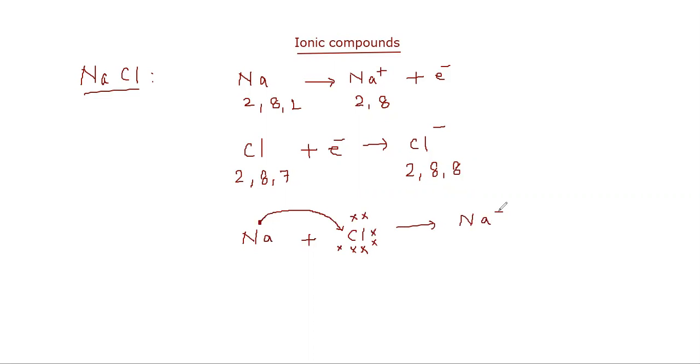This gives Na+, and since Cl has accepted one electron, so it will be Cl-. We can show the electron that has come from Na and then rest electrons. So this is how we have got NaCl.